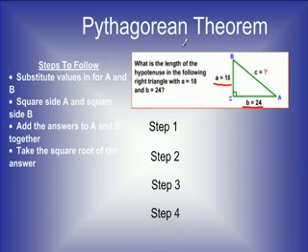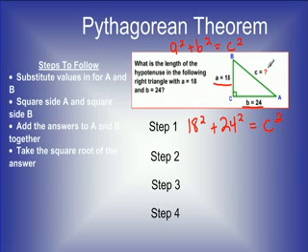And remember, our formula is a squared plus b squared equals c squared. And so in our steps to follow, it says substitute values in for a and b. So for a, it's 18 squared plus b, which is 24 squared, equals c squared, because we don't know what c is yet.